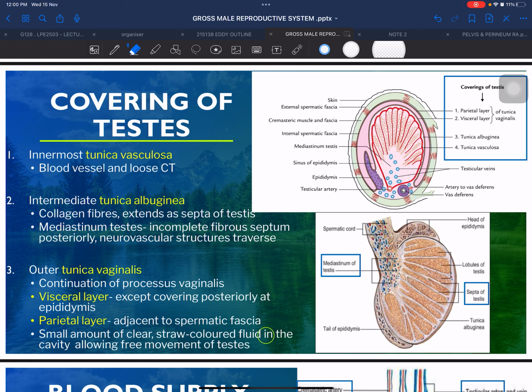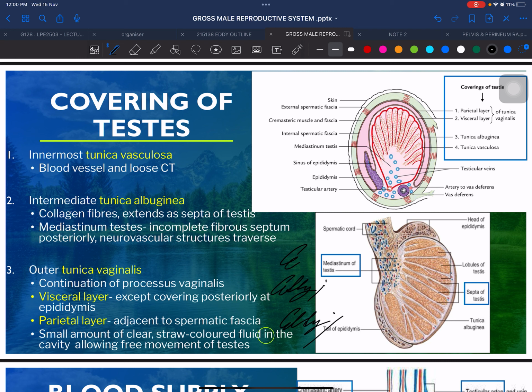And then the intermediate layer, tunica albuginea, is collagen fibers that extend as septa of the testis, and the mediastinum testis is also present. So this septa testis is formed by the tunica albuginea, not the vaginalis or the vasculosa.